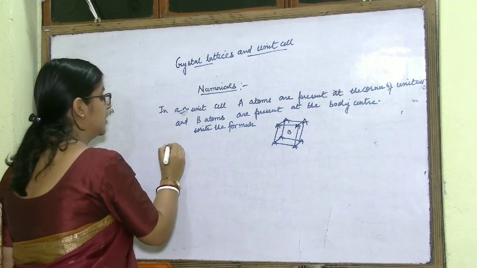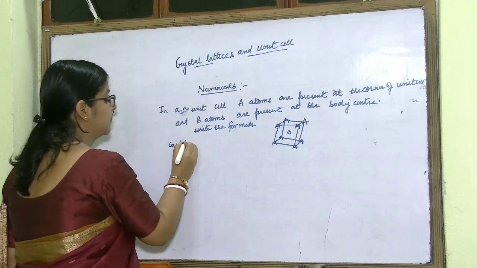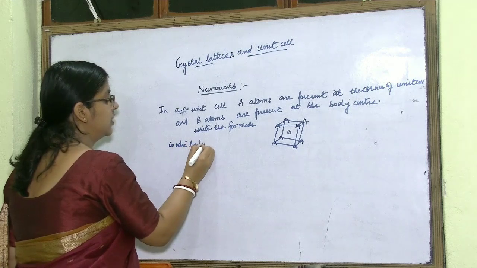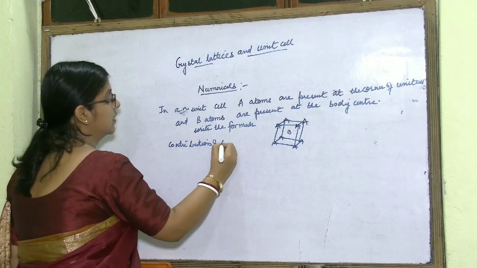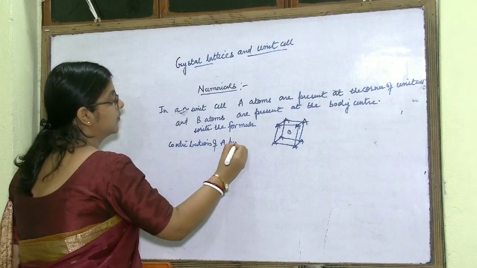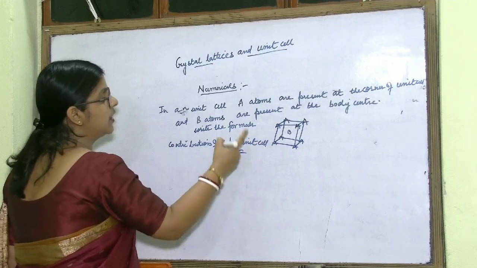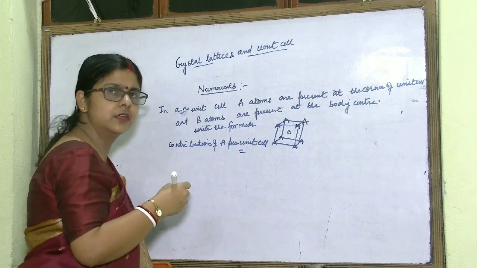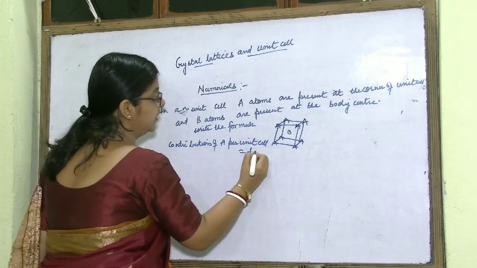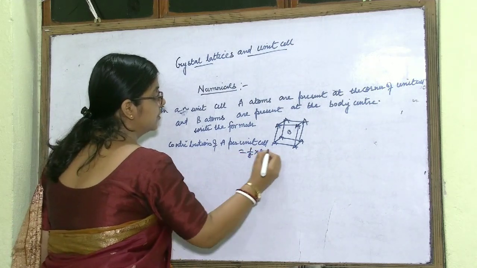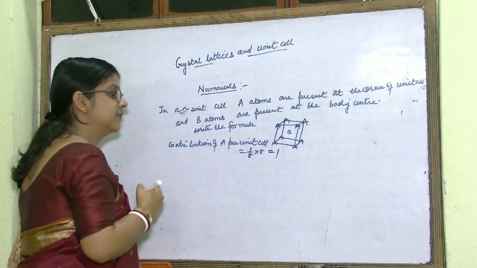So if you are asked to deduce the formula of the compound, what will it be? Contribution of A per unit cell, I am not writing in detail, will be equal to 1 by 8 into 8, so it will be equal to 1.